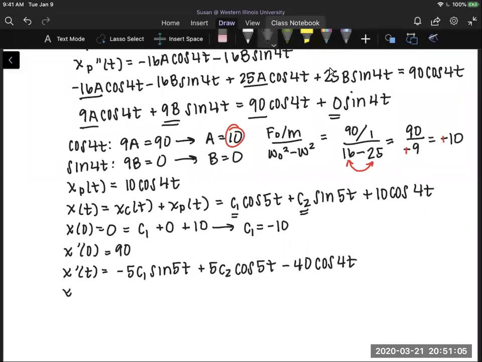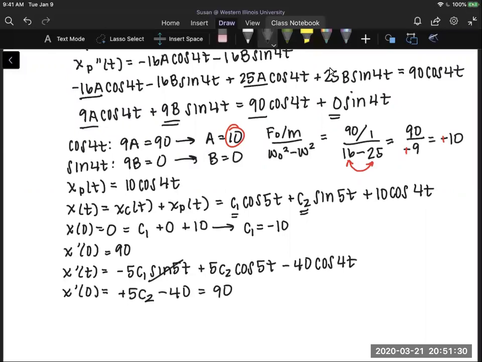All right, so now plugging in 0, all of our sine terms drop out, but the cosines live on. So I get a 5 C2 minus 40, and that has to equal 90.